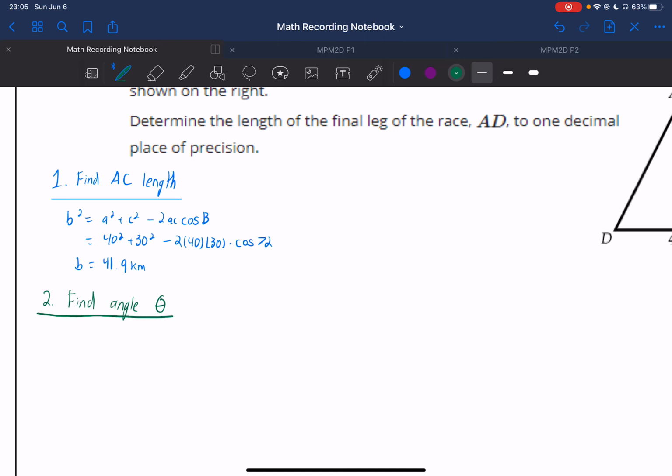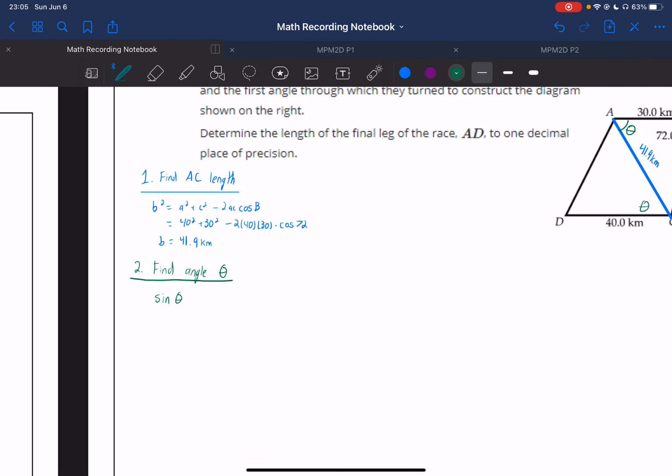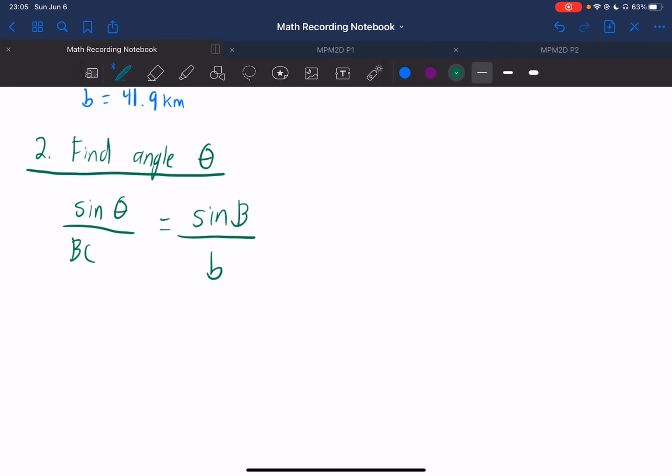And how we're going to do that is by using the sine rule. So sine theta over, sorry, not AB, BC, opposite of this angle is this side right here, is equal to sine B, this is angle B, over side B. So what we're going to do is fill everything in.